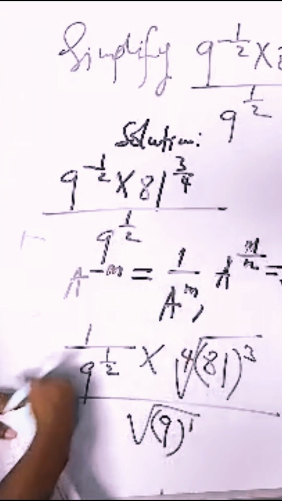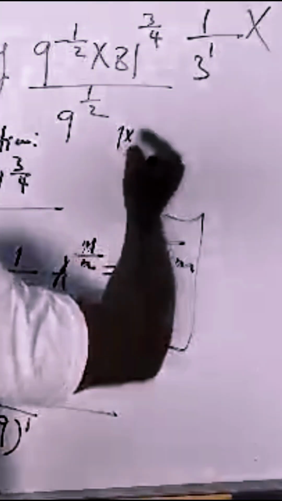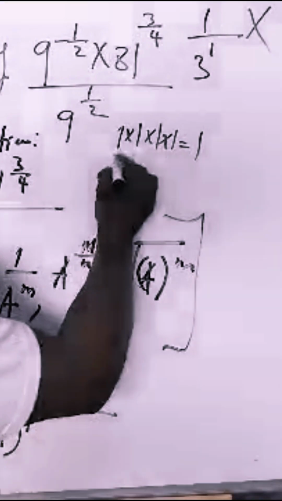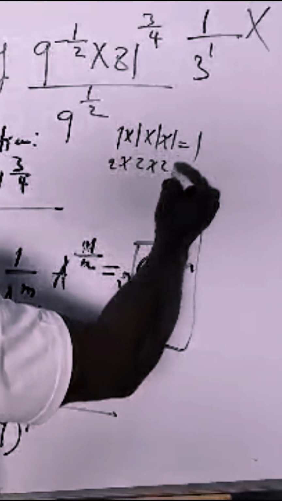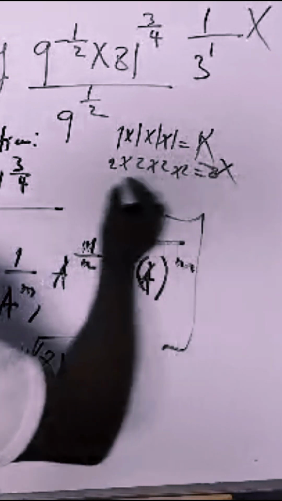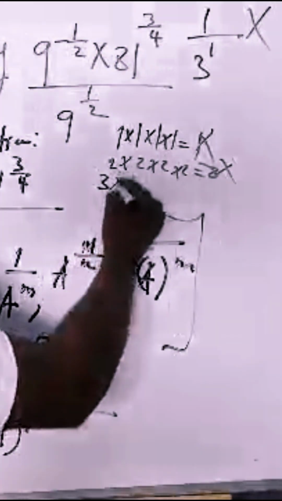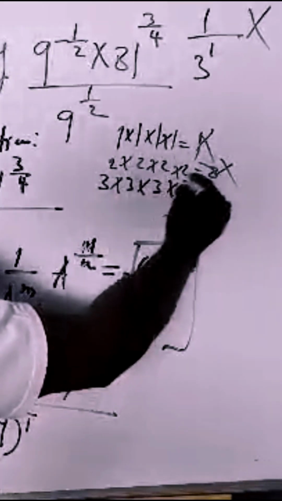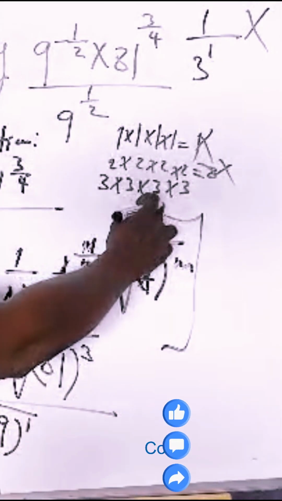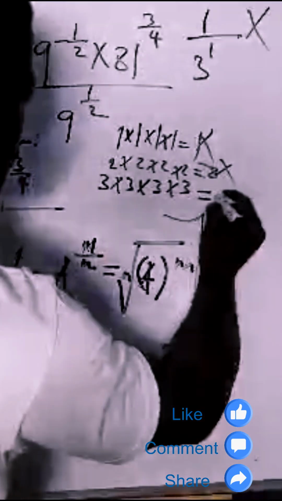You can begin from 1 by saying 1 times 1 times 1 times 1 is equal to 1 and not 81. Let's proceed to 2. 2 times 2 times 2 times 2 is 16 and not 81. So it's not qualified. Let's proceed to 3. 3 times 3 times 3 times 3. 3 times 3 is 9, 9 times 3 is 27, and of course 27 times 3 will give us 81.